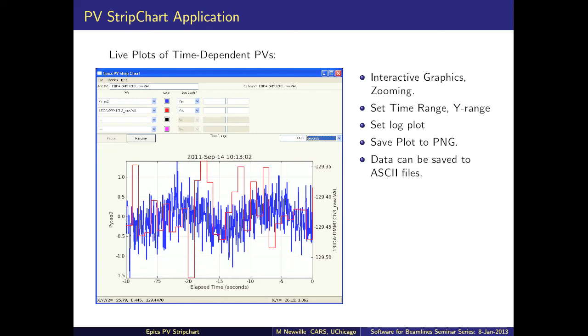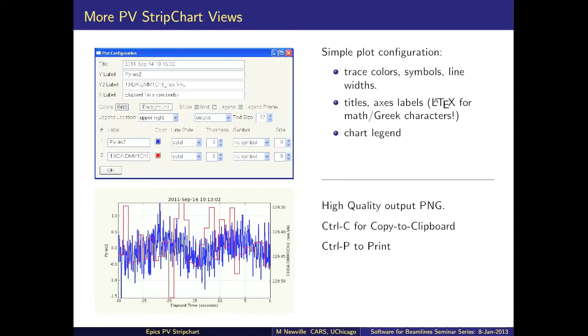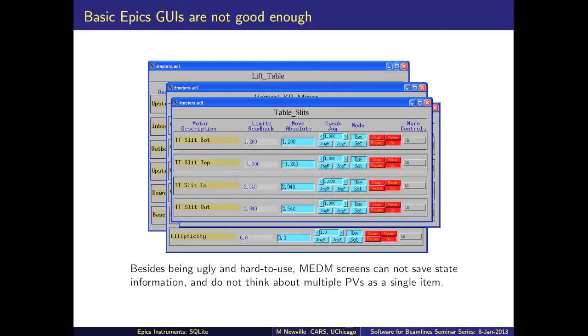And it includes interactive zooming of the graph, and you can set the time range. You can do log plots, save PNG files, and so on. Here's some more screenshots of this that you can adjust the colors and so on. This is mostly also an example application of things you can do easily.